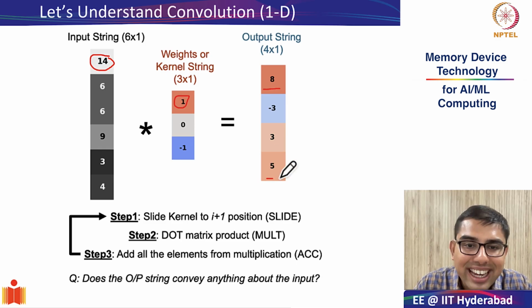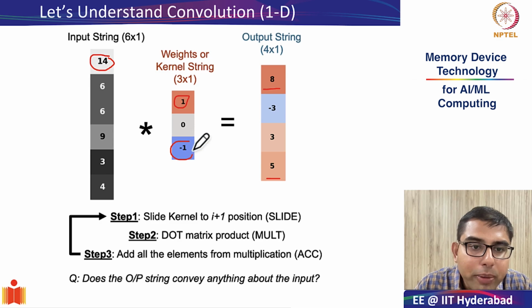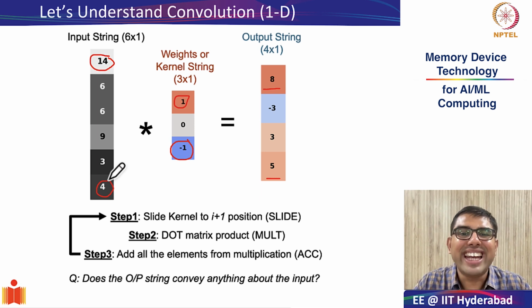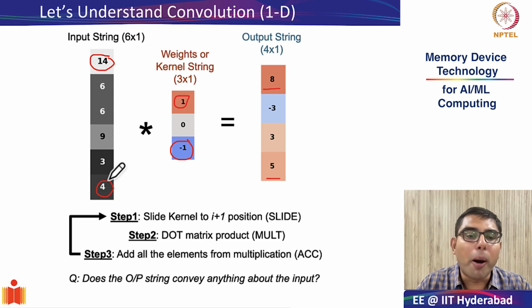And for the last element of your output string, the last element of your kernel aligns with the last element of your input string. The operation in itself is just a bunch of multiplication and addition operations.